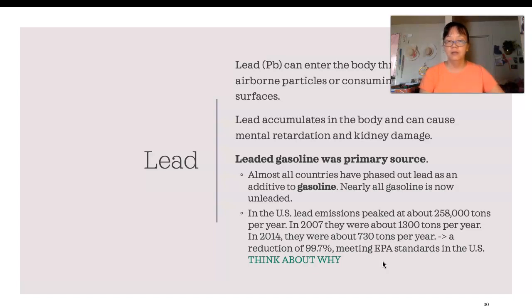So those are the main sources of lead contamination. And the good news is, if you read the last paragraph of the slide, you will see that in recent years lead contamination was reduced a lot. And I also want you to wonder why. What did we do to have that contamination under control?